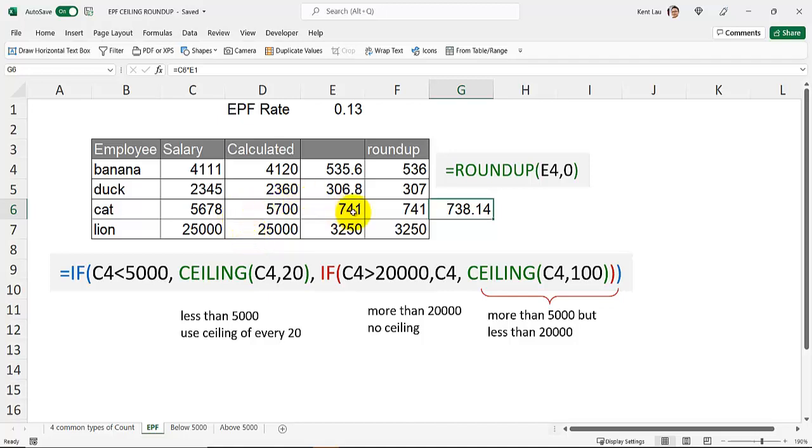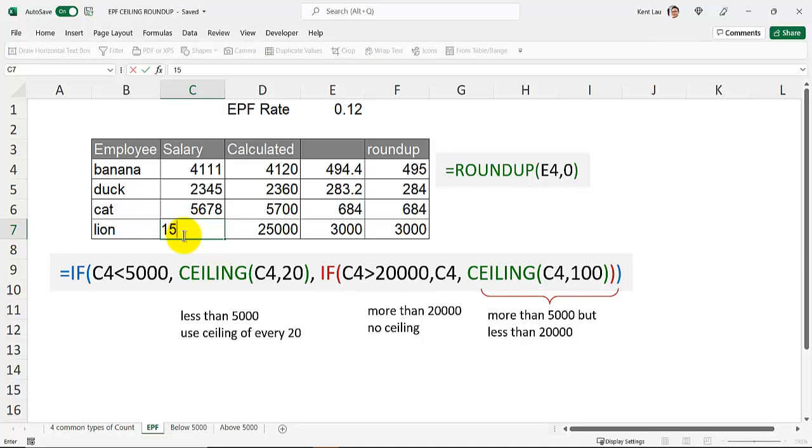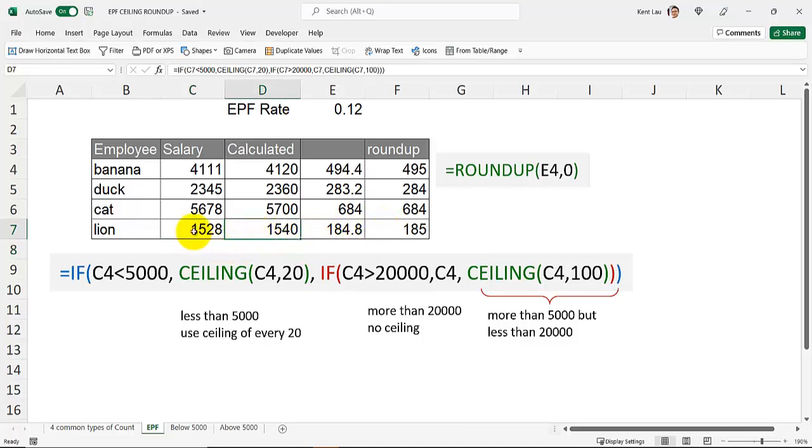So this one contributes more at the EPF rate of 13%, and you can opt for 12%. That's the difference. If a person has 1,500, you can see that 180 goes there, or maybe 1,528. There's a round up, and it will also move to an additional 20, the next ceiling for this line.